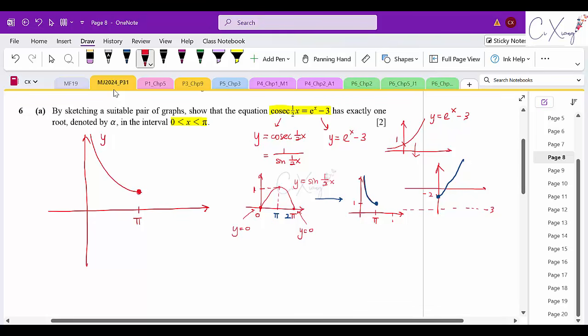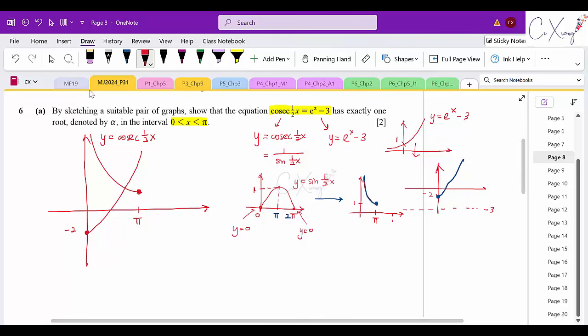Okay, so I try to label it y equals cosecant half x. And then for the other graph, this one, e power x minus 3, I should start it with negative 2. Then I try to draw the curve going up.